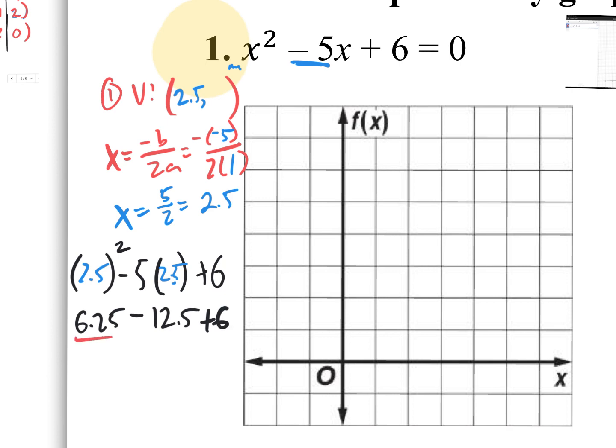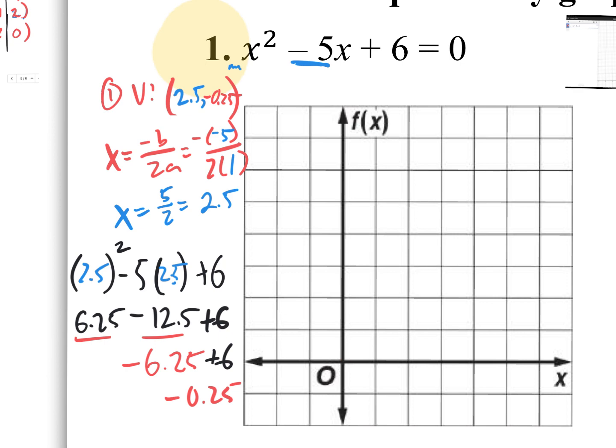So when I go 6.25, take away 12.5, that's negative 6.25. And then negative 6.25 plus 6, that'll be a negative 0.25. Like I said, I would not graph this to try to find answers. Negative 0.25. So this is an absolutely disgusting vertex.